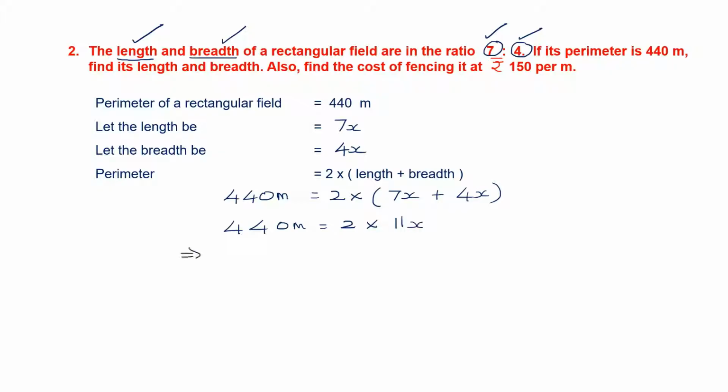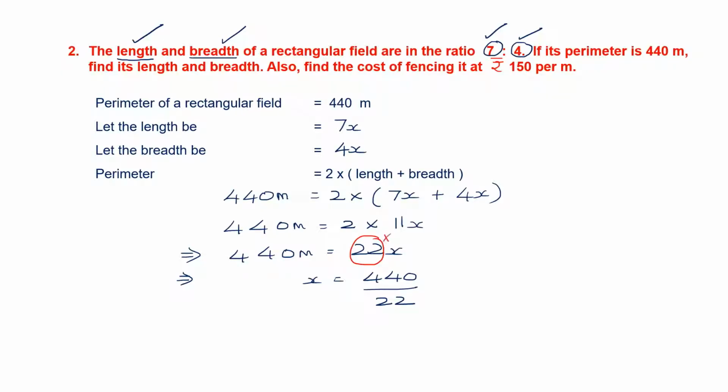That means 440 meters is equal to 2 11s are 22x. So 22x is 440 meters. That means x is equal to 440 divided by 22 because we have transposed 22 from one side to the other side.